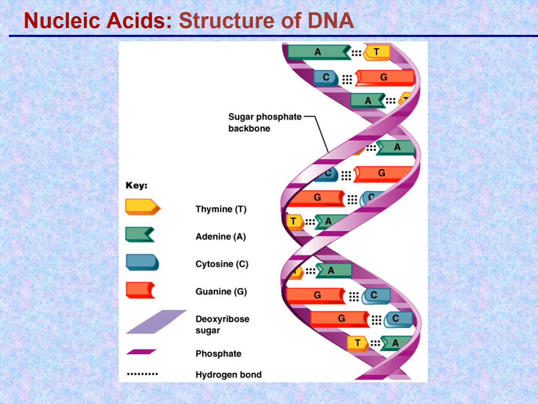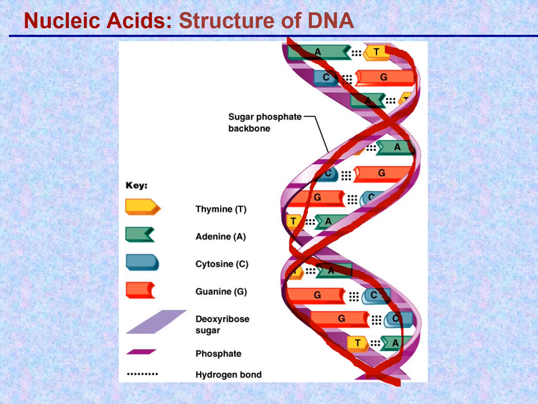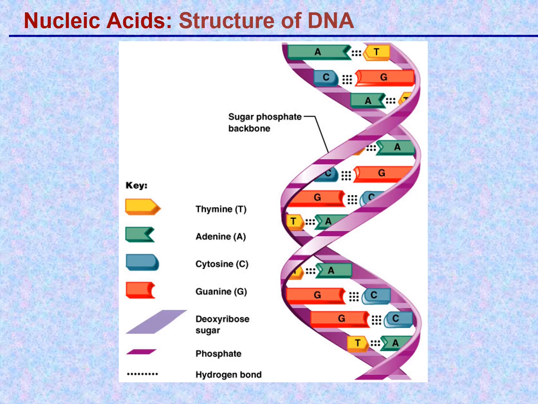The backbone, which is the strand along the back here, is what people refer to when they're talking about the backbone. It is made up of strictly the phosphate group and the deoxyribose sugar, and you see the color coding for that.